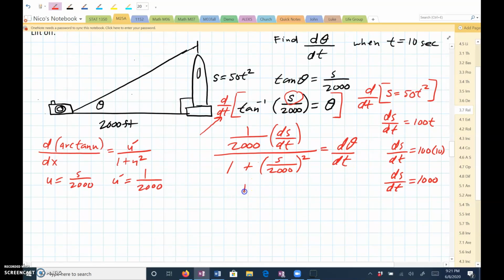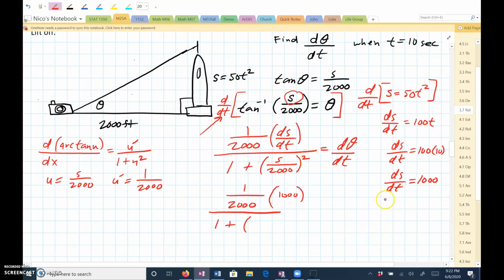So now I've got 1 over 2,000 times 1,000, over 1 plus s squared over 2,000. We have to figure out s.